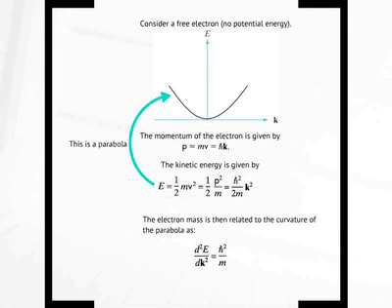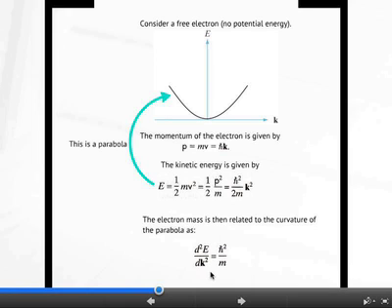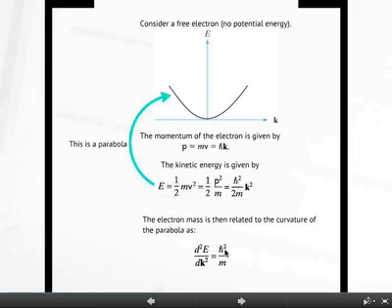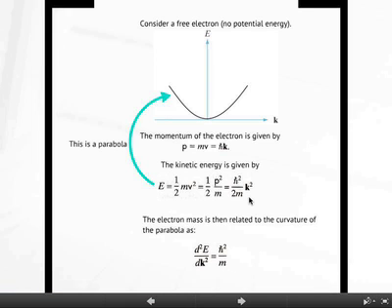Now, we are going to introduce a very important concept called effective mass. From this equation, we can relate the electron mass to the curvature of the parabola as follows. The second derivative of the electron energy as a function of the momentum, with respect to the momentum, is h bar squared over m. This just comes from that equation, right?